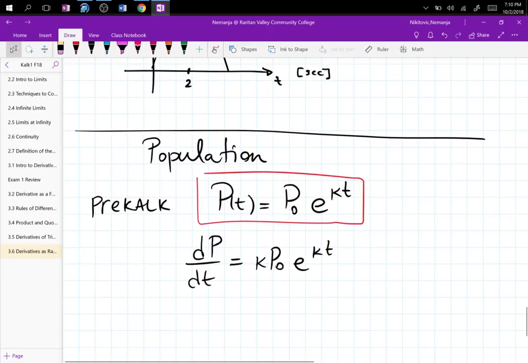It calculates the change of population. So how much new people or fruit flies or whatever you're looking at you add in the interval of time. Now generally what I do is I go to population clock, which is census.gov.